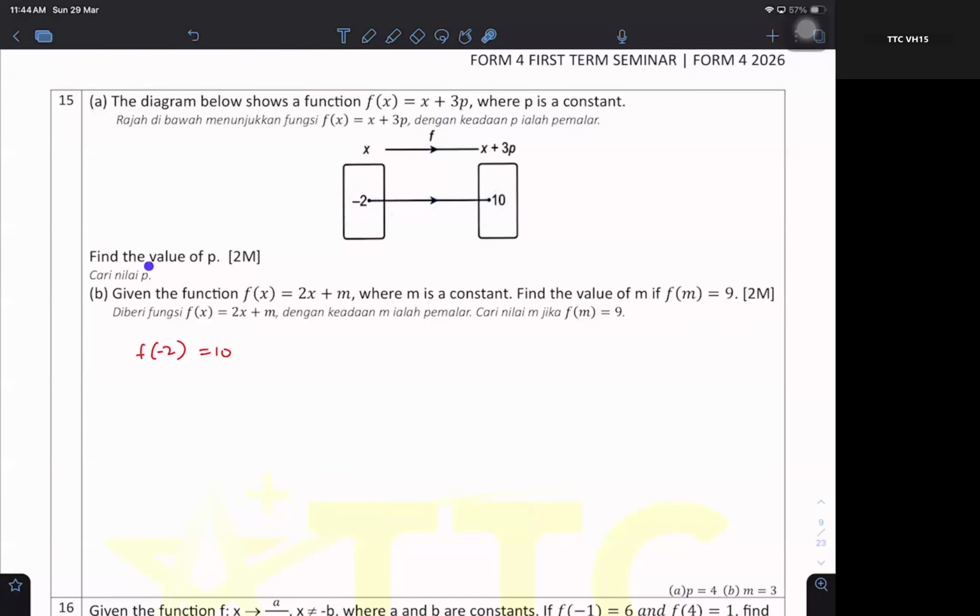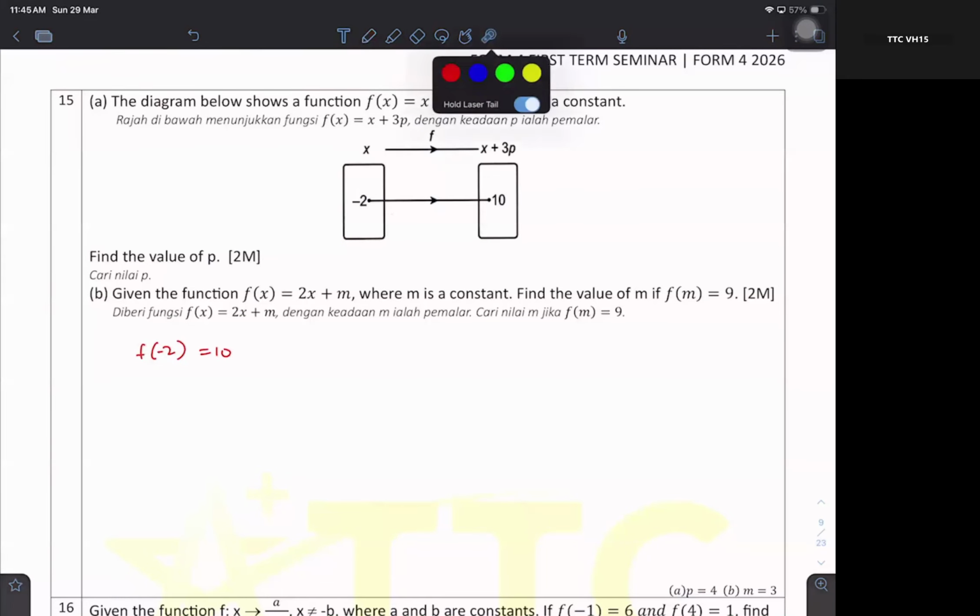So now they want you to find the value of p, right? You do the same thing. The most important thing is take the bracket and sub into the x. It's always the same.